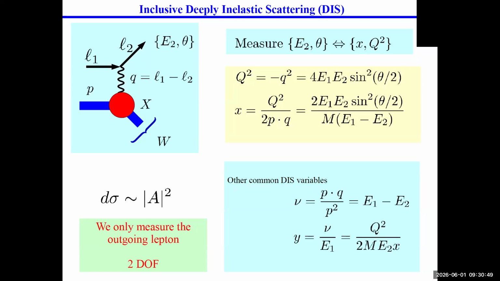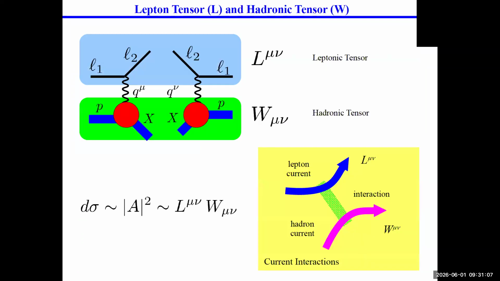I'm only measuring 2 variables, but this mapping gives it to me. A couple of the other common variables are nu, the energy difference, and y, the inelasticity, just scaled by that, or some of the other variables that we'll use.